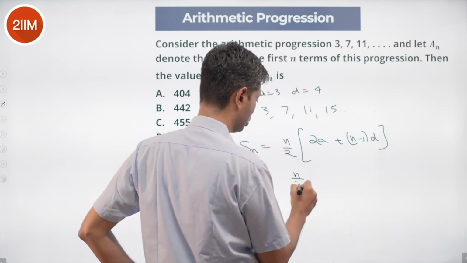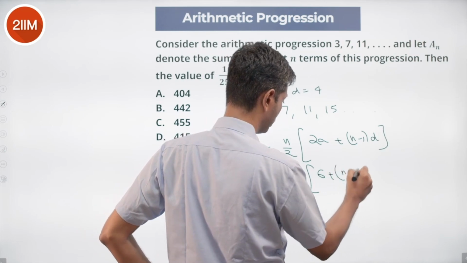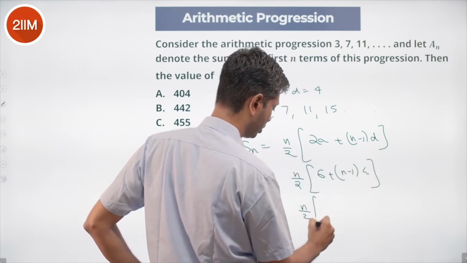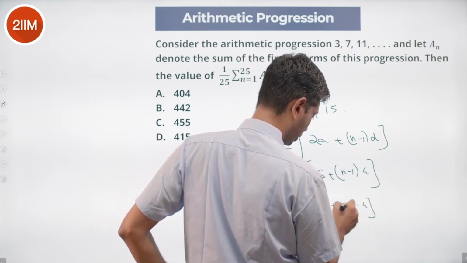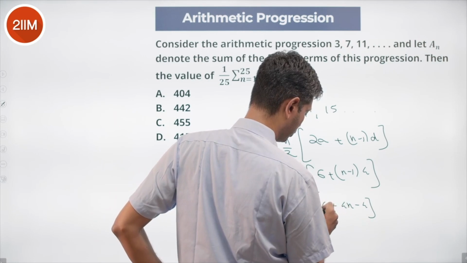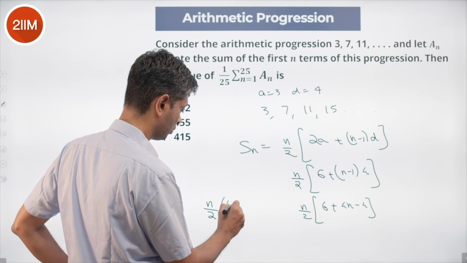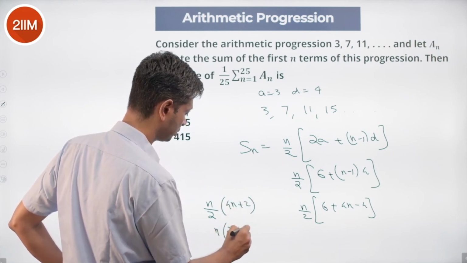This is n by 2 times 2 into 3, 6, plus n minus 1 times 4. This is 4n minus 4, n by 2 times 6 plus 4n minus 4. 4n, this becomes 4n plus 2. This is n by 2 times 4n plus 2, or n times 2n plus 1.